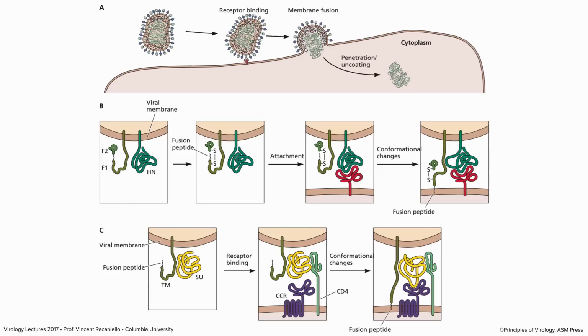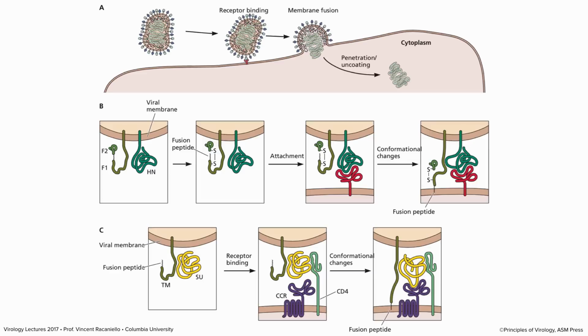Now HIV also appears to enter at the cell surface, but it has a slightly different mechanism, and I show you this because it involves two receptors. Here is a schematic in the lower panel C of HIV, the viral membrane, the glycoprotein actually composed of two subunits, a transmembrane or TM portion, which is inserted into the viral membrane, and then the SU part, which is non-covalently associated with the TM.